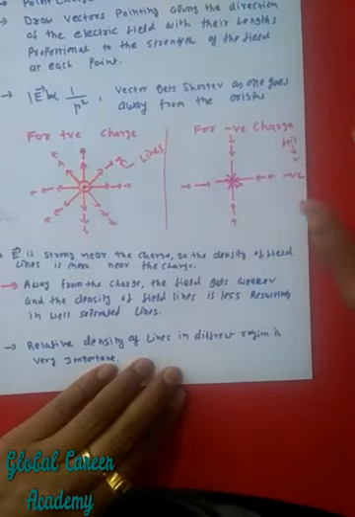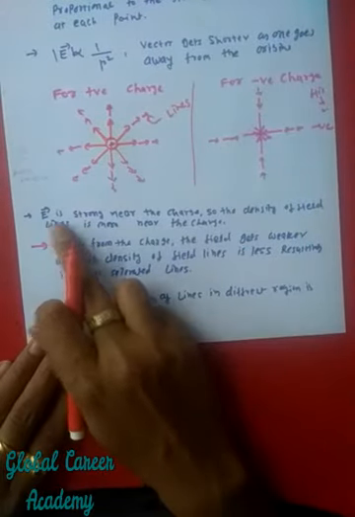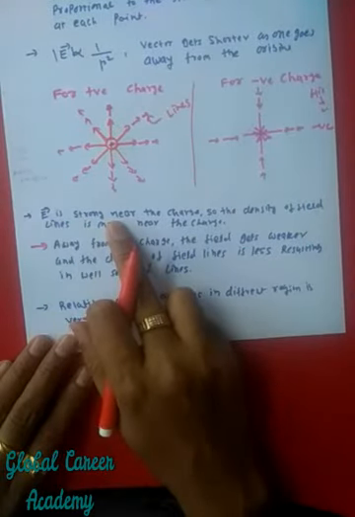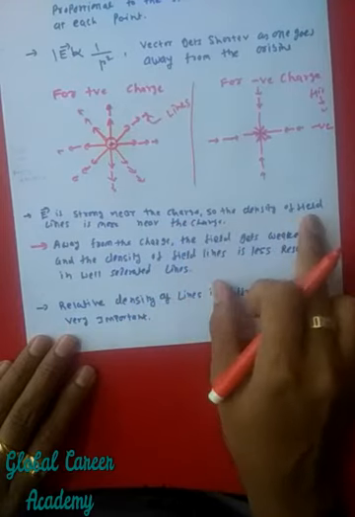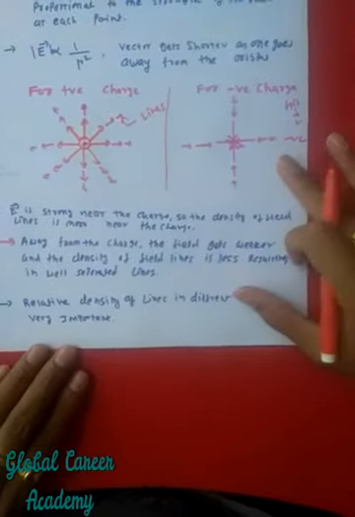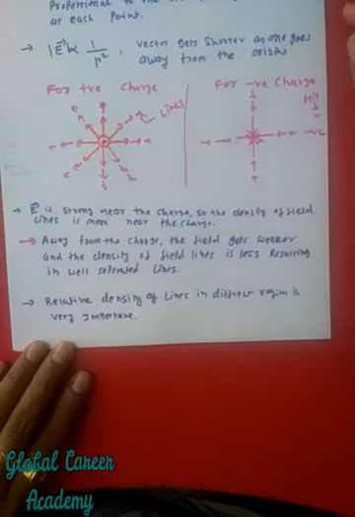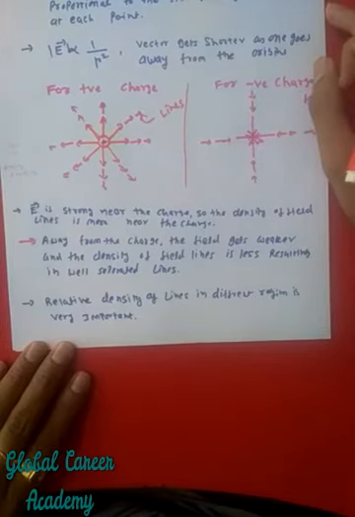So what is the important point? The electric field is strong near the charge, and so the density of field lines is more near the charge. If you remember, in the last lecture we gave one example: the electric field is very similar to smell.